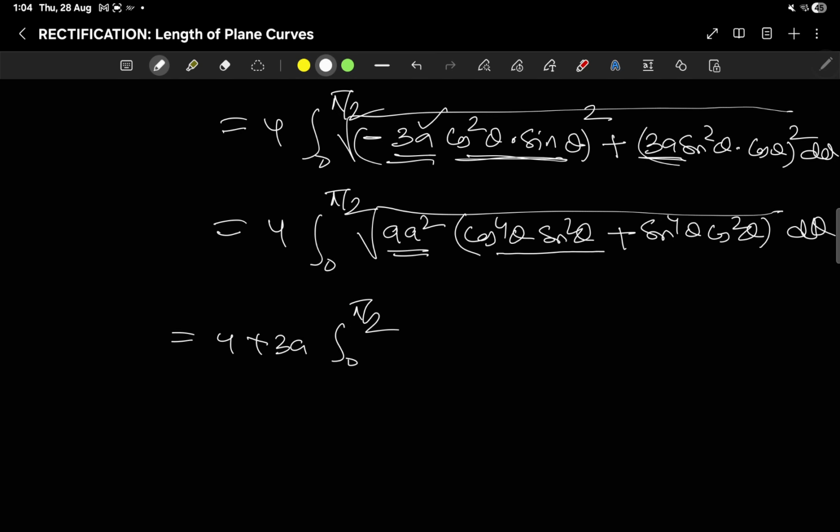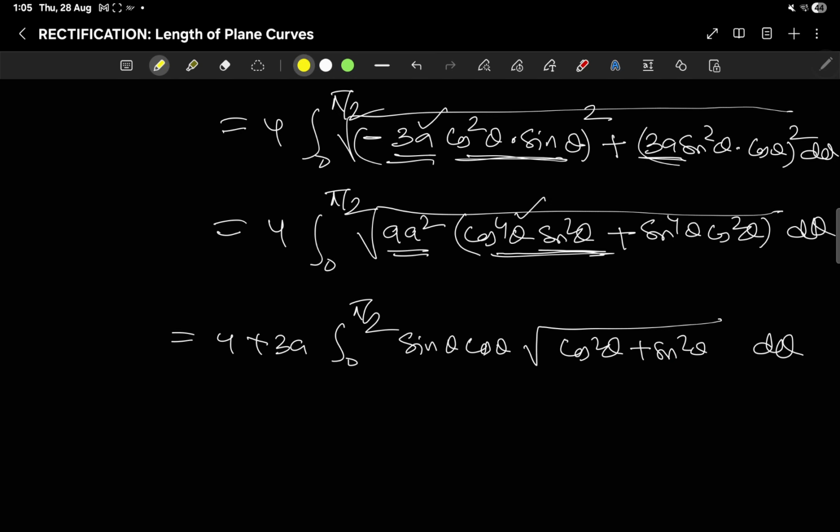If you take common cos²θ sin²θ, then sin θ cos θ will come out, and then the square root of cos²θ plus sin²θ, dθ.